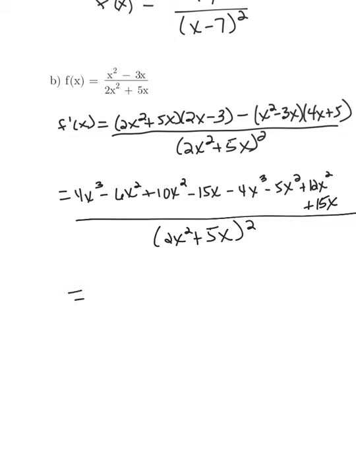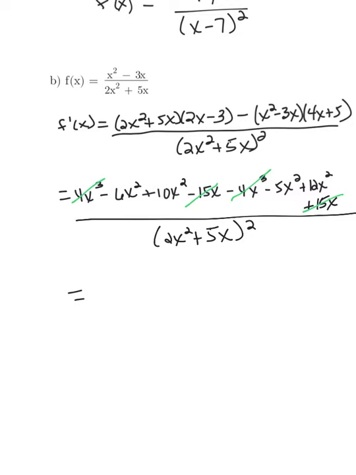To clean this up, we are going to combine like terms. We have a positive 4x cubed and a negative 4x cubed. We have a negative 15x and a positive 15x. So those things have all offset each other and given us zeros.